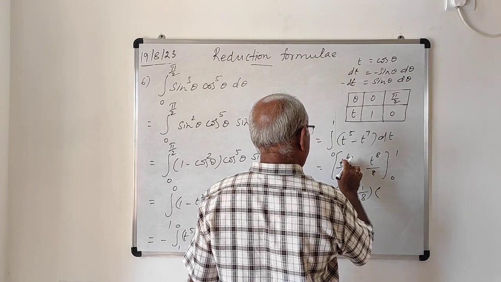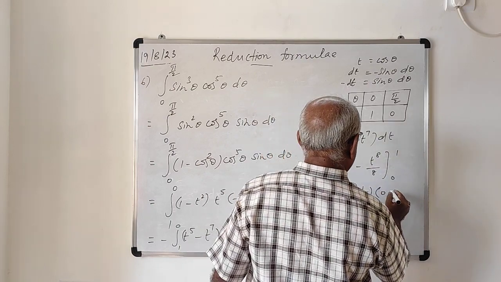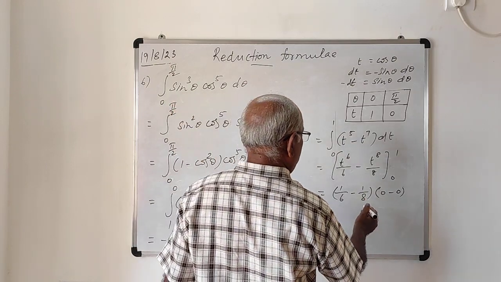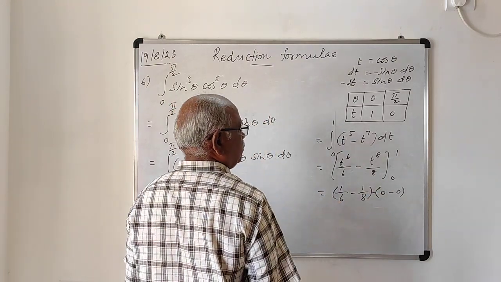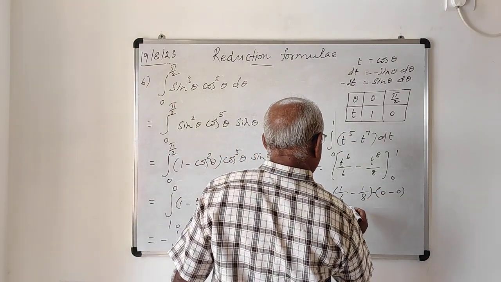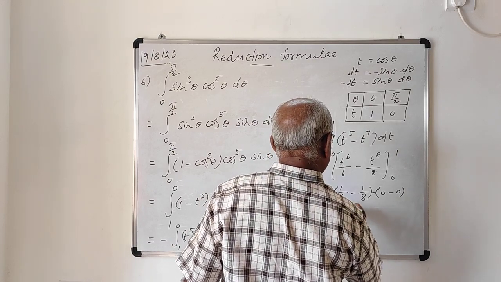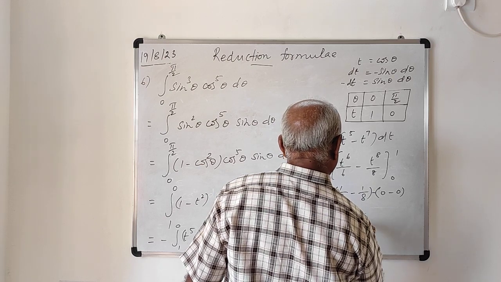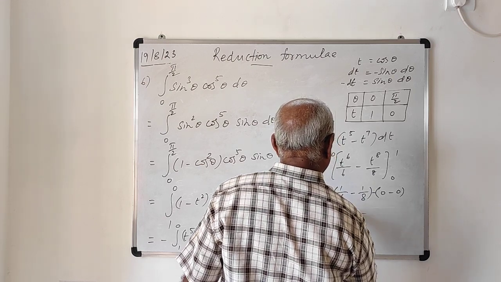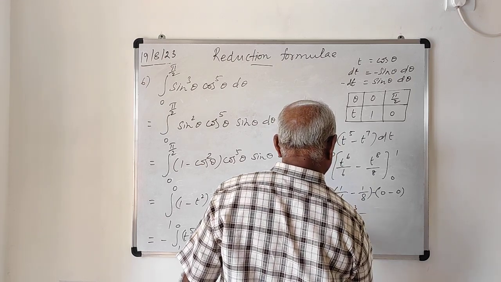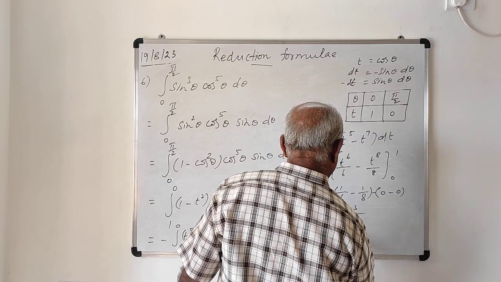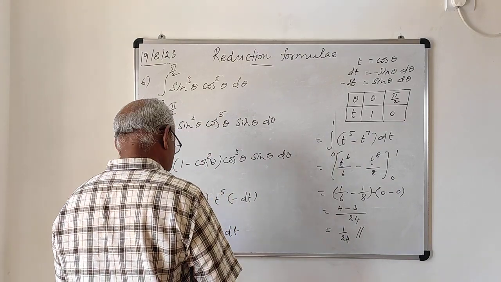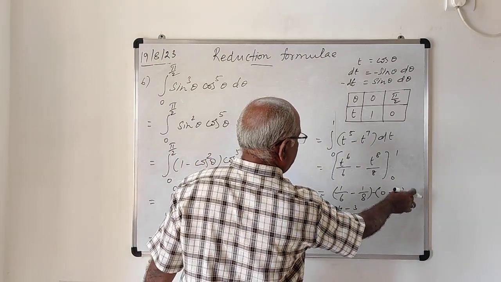If you put 0, 0 power 6 is 0, 0 power 8 is 0, so the lower limit in both cases is 0. So this is LCM of 8 and 6, 24. 4 minus 3 is 1, that is equal to 1 by 24.